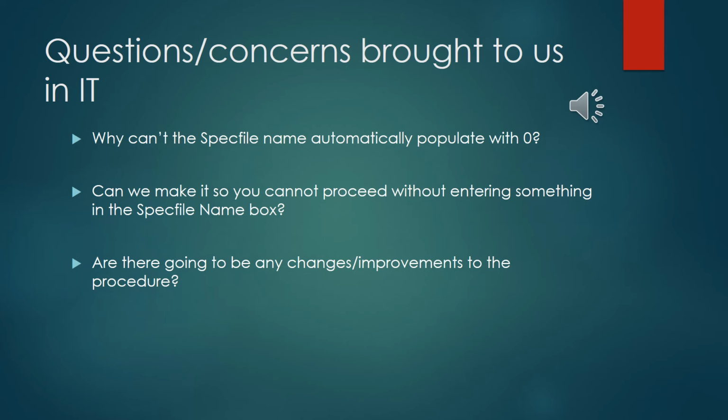When that spec file name box opens after you've done the RG string, we are looking at adding a pop-up box with a warning, something along the lines of, please ensure you enter 0 to get into the check cashing history. Like I said in the previous one, we can't change the core programming so much. We can add little things like pop-ups. So that's what we're looking at doing now, just to give you guys a last warning to make sure that you don't click through there.